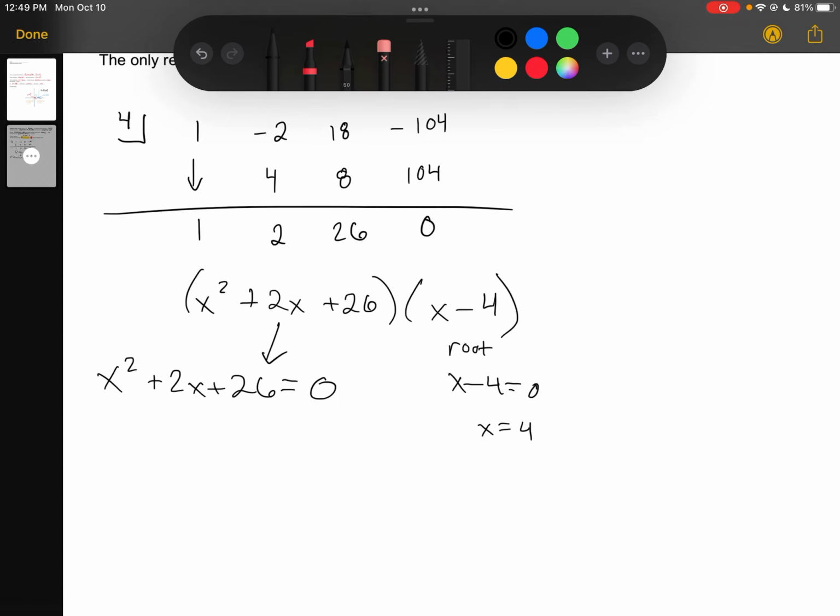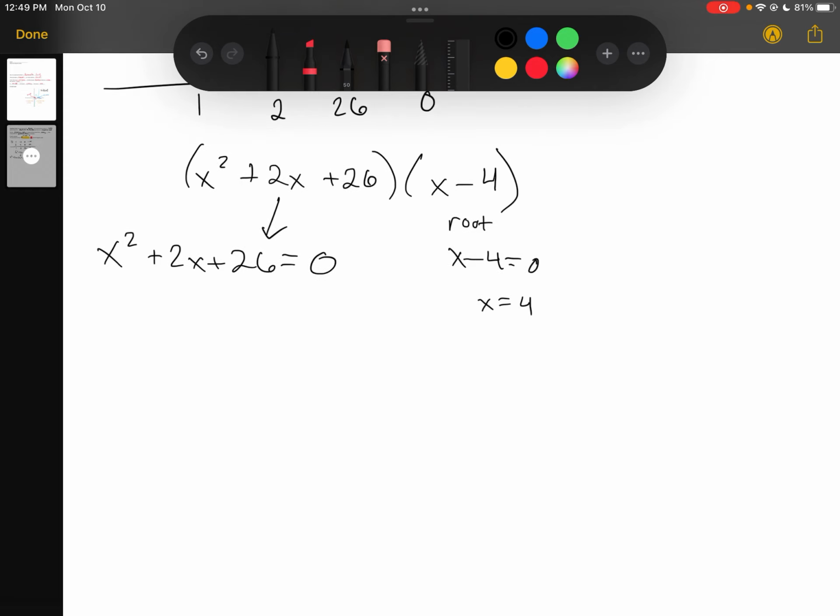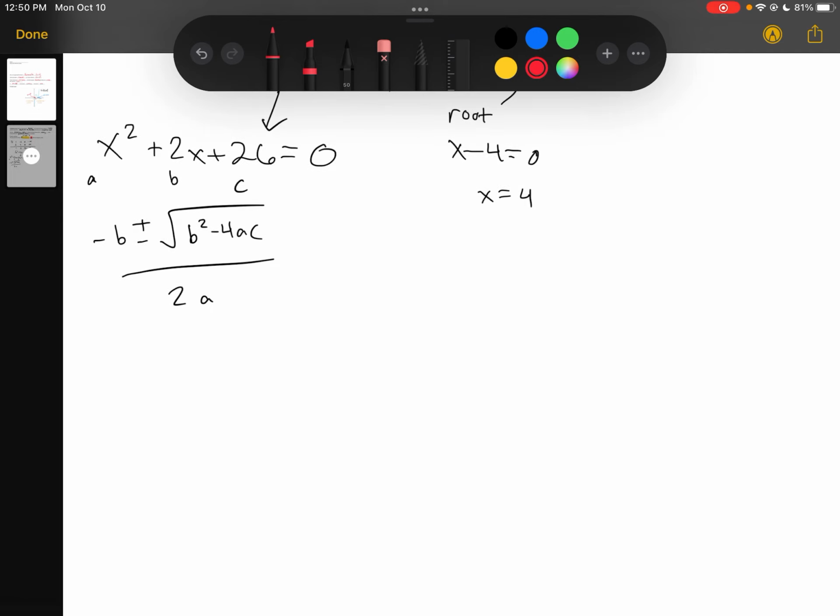So taking a look here, not factorable using the box method, unfortunately, but we know the quadratic formula. So we can do minus b plus or minus square root b squared minus 4ac all over 2a, and work our way through the steps based off of that.